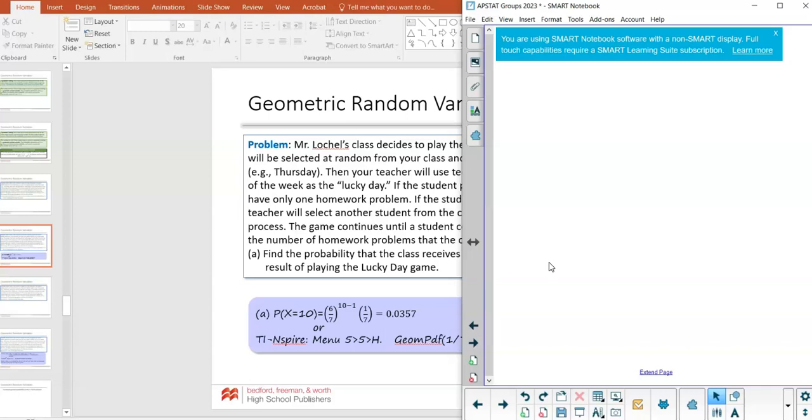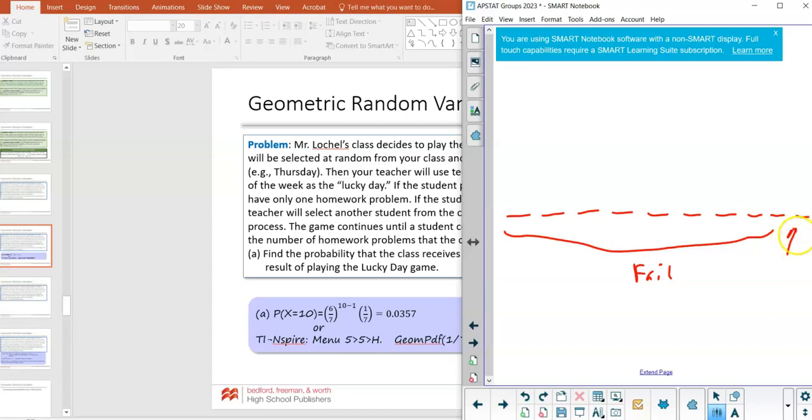In this case, we want 9 failures, right? So I'm going to have 1, 2, 3, 4, 5, 6, 7, 8, 9, 10. These all need to be failures, and this one needs to be a success. So what's the probability of failure? Well, 6 out of 7 times I'm going to fail when I'm playing this game.